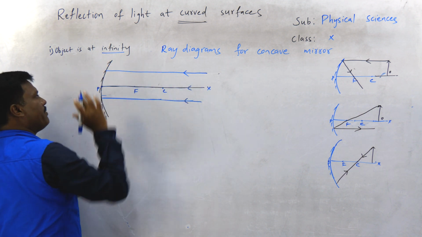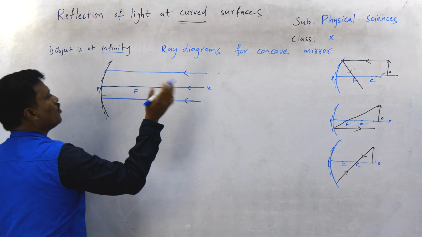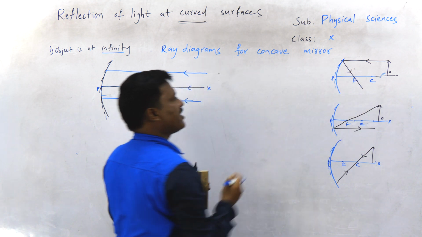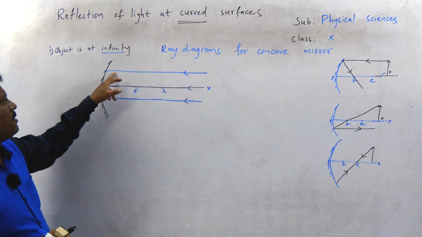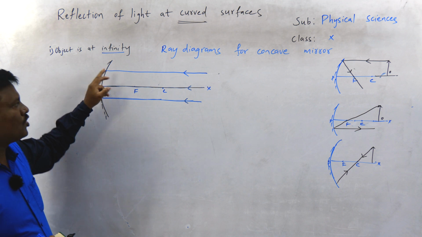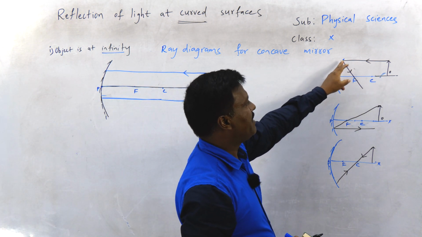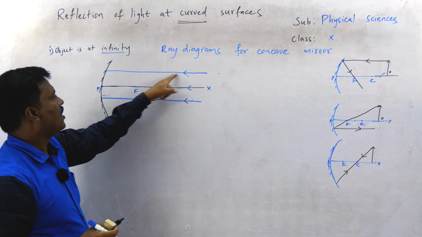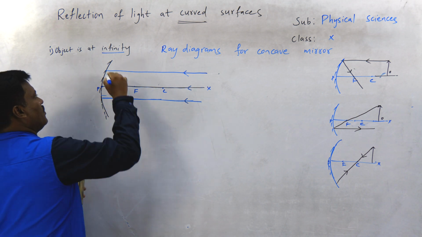After reflection, what happened? All the light rays, rule number 1, a ray passes parallel to the principal axis, after reflection passes through focus. How is this ray? This ray is parallel to the principal axis. So according to rule number 1, any ray passes parallel to the principal axis, after reflection passes through focus. So here also, after reflection, the ray passes through focus.